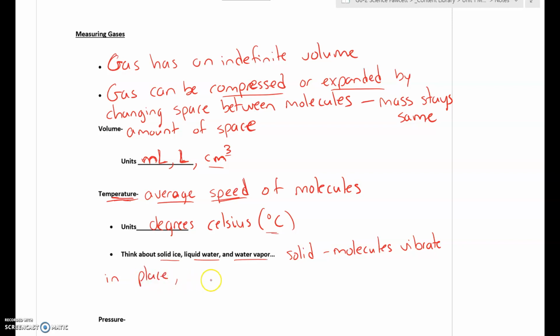And so in a liquid, the molecules start to move, but are still moving relatively slowly and are still joined together. And then in a gas, the molecules break free and can continue to move faster and faster.